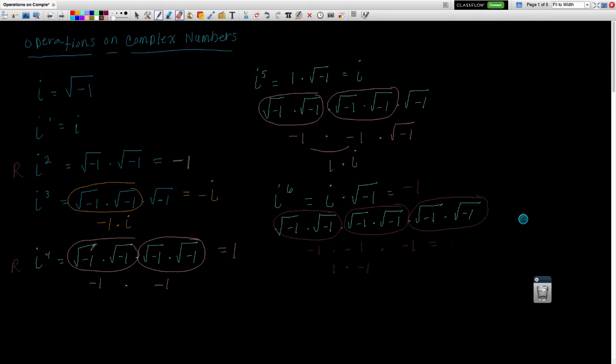That is a real number. i to the fifth power was i, not a real number. i to the sixth power is negative 1. That is a real number. So hopefully you can see if it's just the i, if there's an even exponent, you do end up with a real number. But I'm not sure that that's always going to be the case.